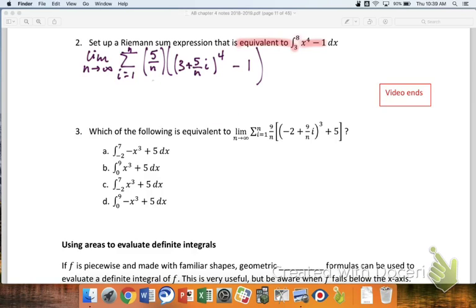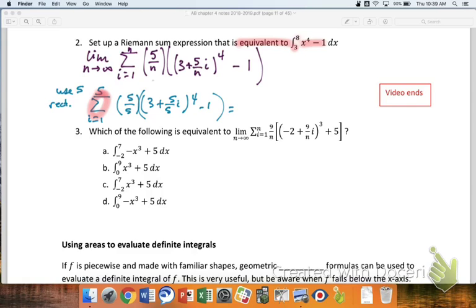So if it said use, I'll say 5 rectangles, that means wherever you see an n, you'd put a 5. And so it would be sigma from i equals 1 to 5 of 5 over 5 times 3 plus 5 over 5 i to the fourth minus 1. And then, remember this sigma, all it means is add up a bunch of stuff.